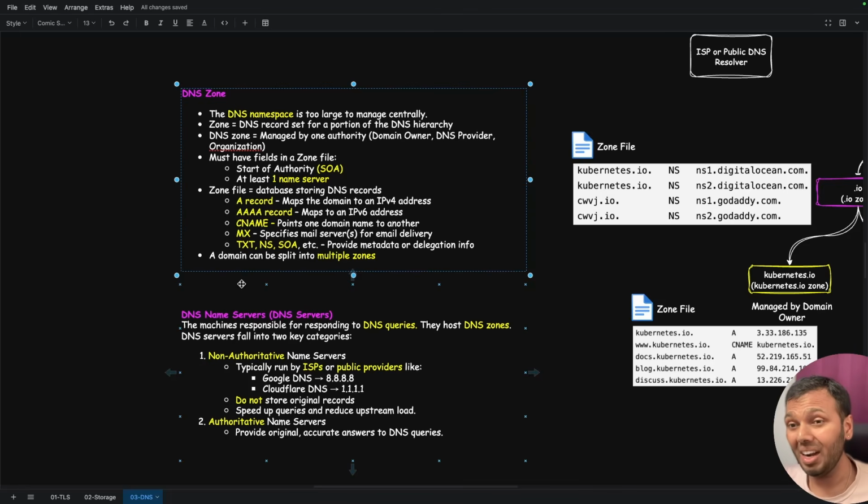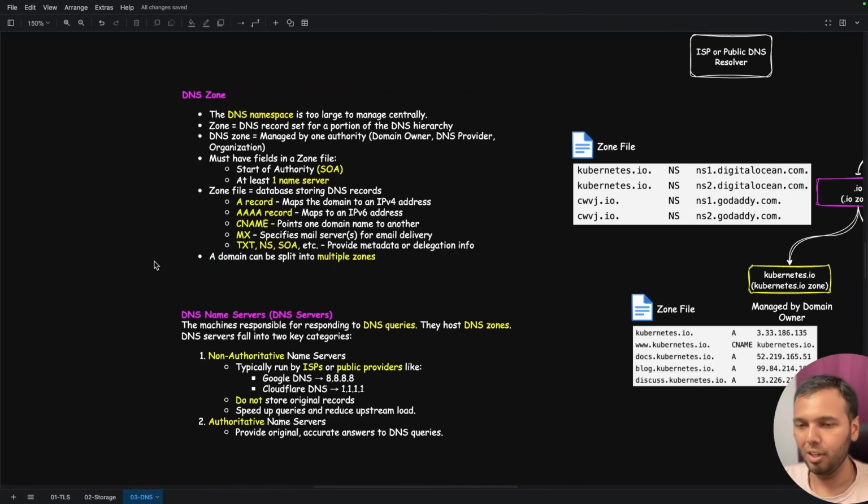So when you are dealing with something as complex as Google.com, when it comes to its DNS, then you can split a domain into multiple zones. This is typically applicable to large organizations, big companies like Google or Facebook. They can split their domain into multiple zones.